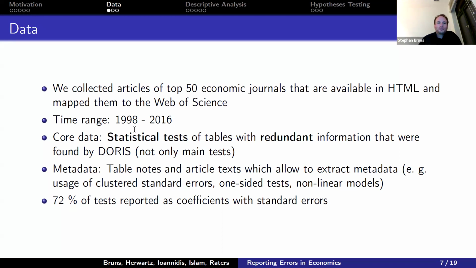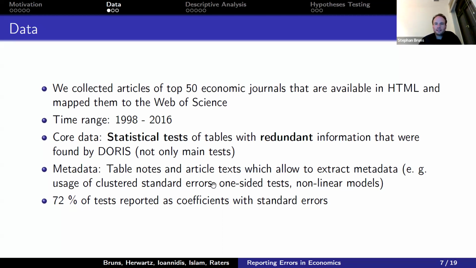And what we get from the tables is core information. So we have coefficients, standard errors, etc. And the redundant information, which means the eye catchers. Redundant in the sense that we can calculate significance based on the statistical test, coefficient with standard error. And of course, the eye catcher also gives us this information. We collect a lot of metadata, table notes, and the whole article text.